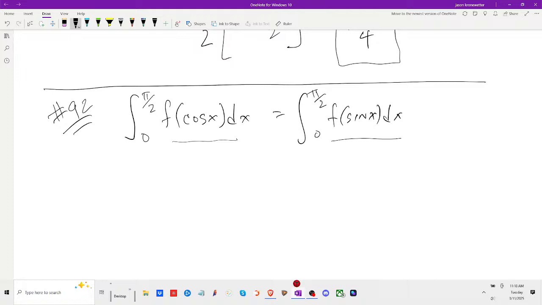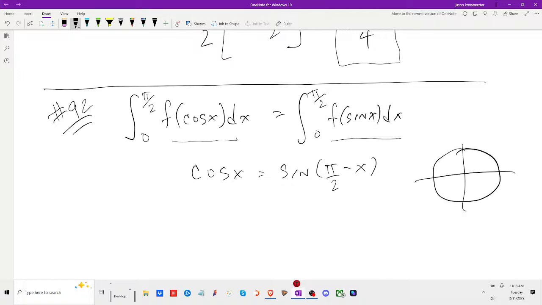So here's the identity that we're going to use: cosine of x is equal to sine of pi over 2 minus x. And let's just do a simple example here. If I have, say, pi over 6, if I do pi over 2 minus pi over 6, that's going to be 3 pi over 6 minus pi over 6, which is 2 pi over 6, which is pi over 3, okay?